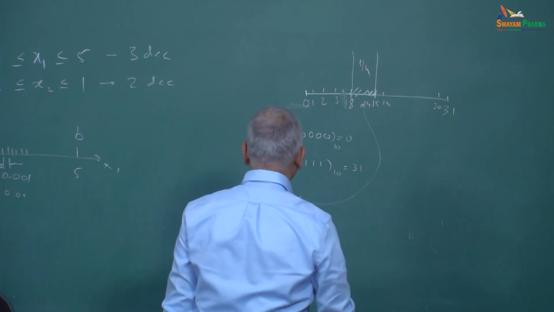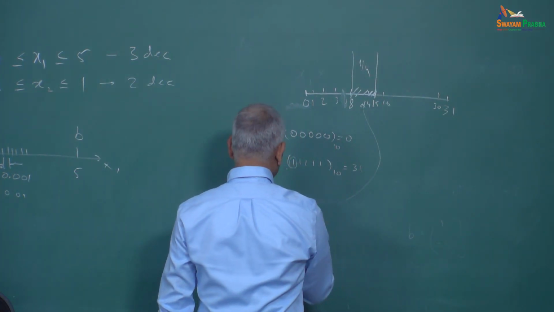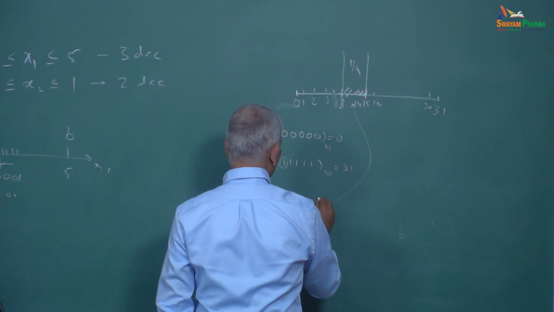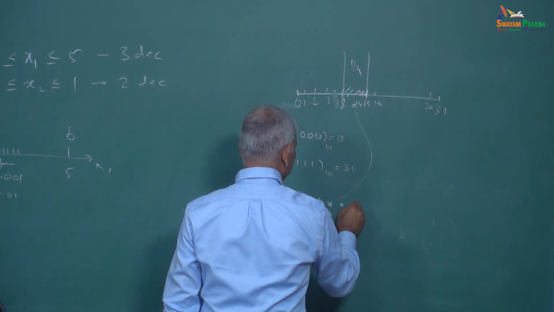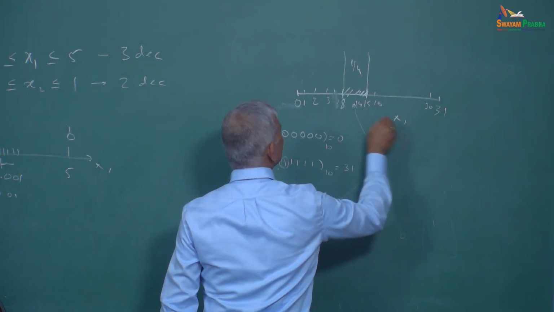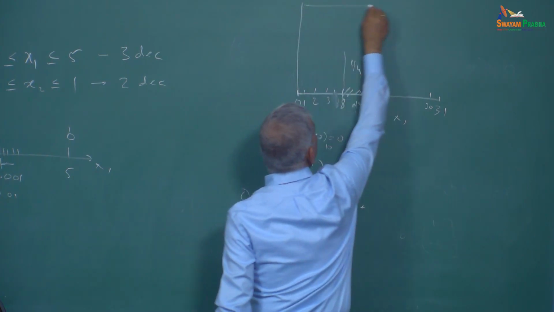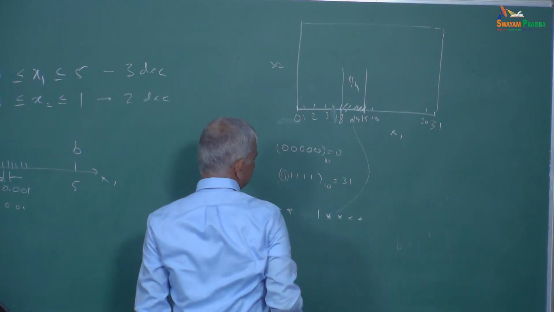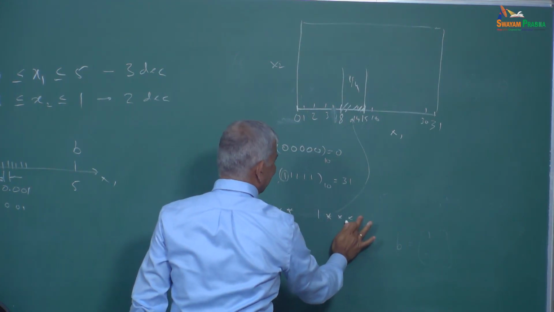Now let's say I've got 2 variables. This is the first variable x1 and the second one is, let's say, 1 and star, star, star. So now I have x1 here and I have x2 here. Let's say I have 1 less here.